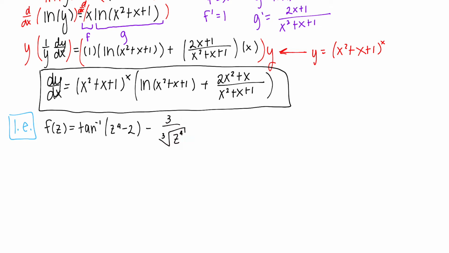I'm going to rewrite this guy in particular. So I'm not taking a derivative at this point. I'm just rewriting it. So this can be rewritten as 3, and then z raised to the, it's in the denominator, so we know the exponent's negative. And then it's always the power over the root. So it's negative 4/3.